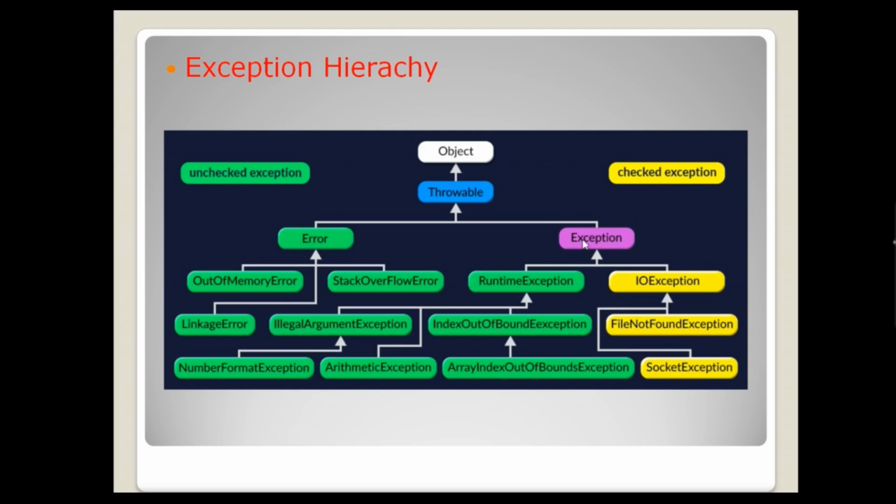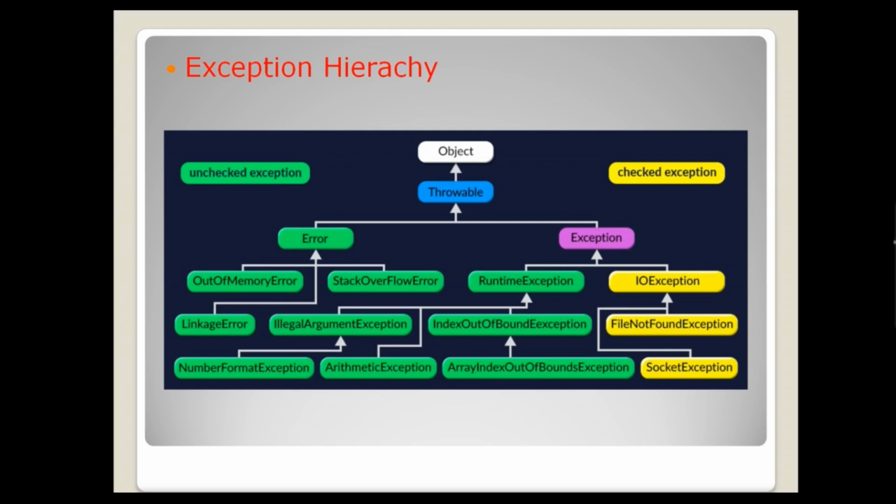Our code may throw a null pointer exception, an arithmetic exception, an array out of bound exception, or it can be any exception. If our code throws multiple exceptions and you want to perform a particular operation for a particular type of exception, then you can write multiple catch blocks.